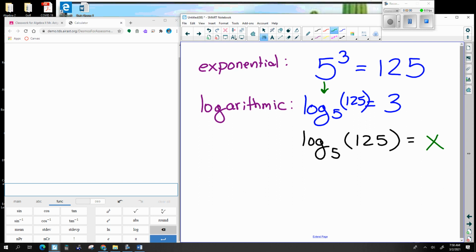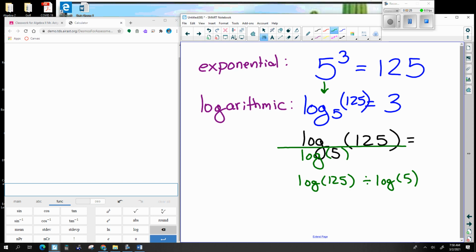Or if you need to use your calculator, we learned how to change base. How you do that is you turn this into a division, cutting off the current base number, and then you put a log with that base. So this is in essence log 125 divided by log 5.